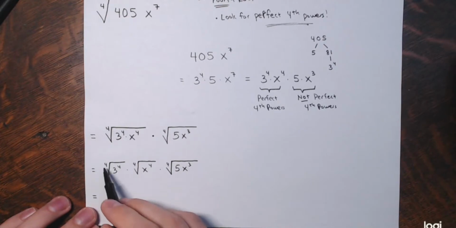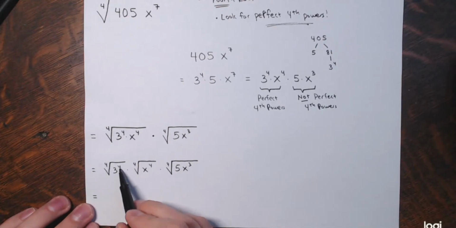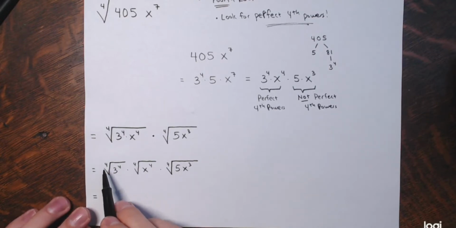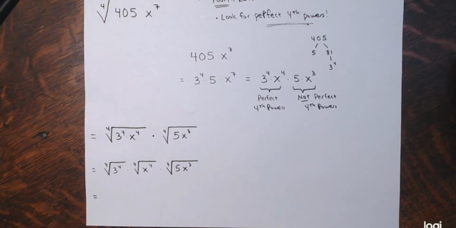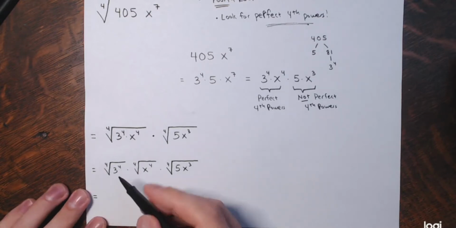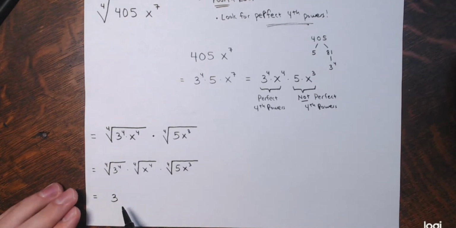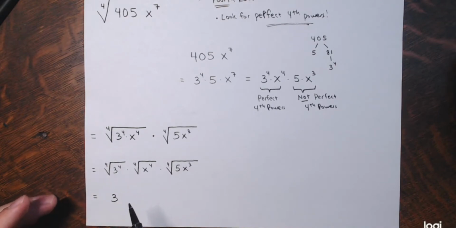Now the fourth root of 3 to the fourth power, again, this is an even root. The result can't be negative. Well, the fourth root of 3 to the fourth is just 3. Technically, I would write the absolute value of 3, but the absolute value of 3 is just 3, which is already not negative, so I'm good with just 3 there.